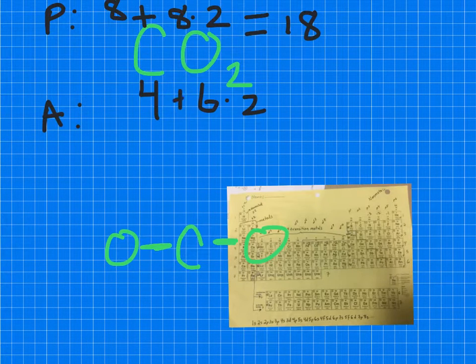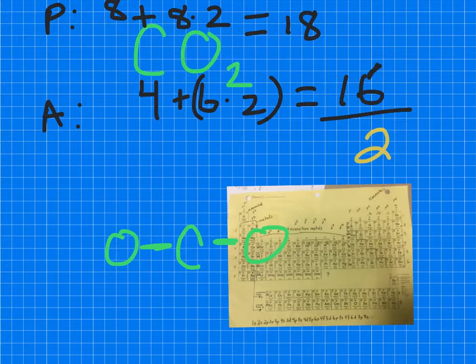So I will do 4 plus 6 times 2. So 6 times 2 is 12, and 4 plus 12 is 16. That bottom number should always be smaller. So this is a trick. I know it seems like it's coming out of the deep ocean. Maybe it is. And so you will do 24 minus 16, and that is 8.